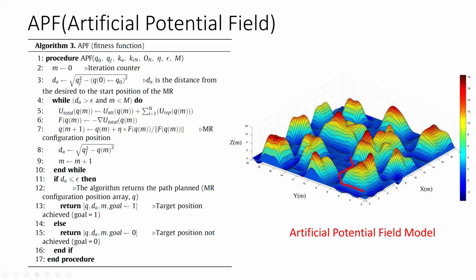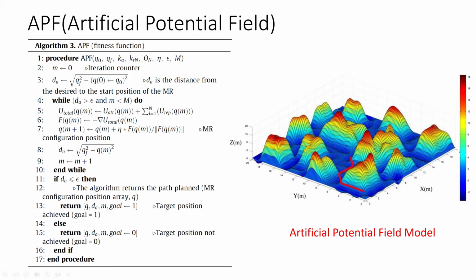First, we define the distance between the position of the robot at the starting point and the destination point, and after that we go into a loop to do such things: we update all the potential values from time to time, and apply the force once we have refreshed all the values of the potential.